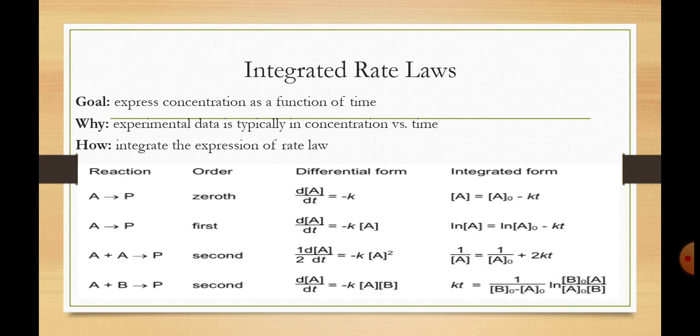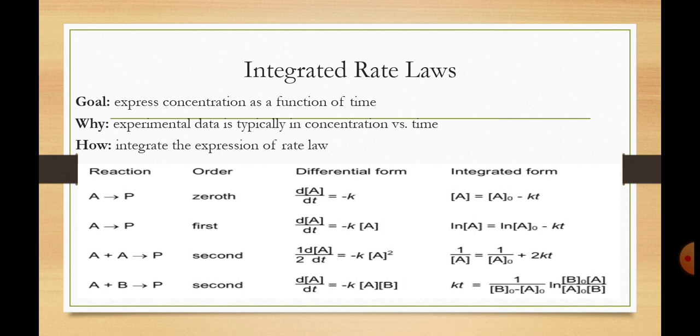Here we indicate the order of reaction, what type of reaction it is: zero order, first order, second order, and so on. And its integrated form is 1 upon concentration of A is equal to 1 upon constant plus 2Kt. Let's move toward the final equation.